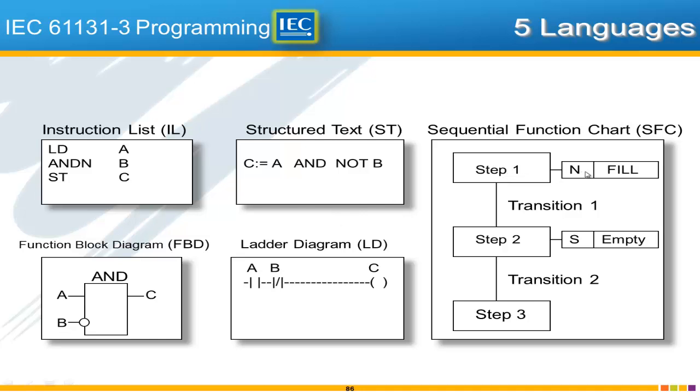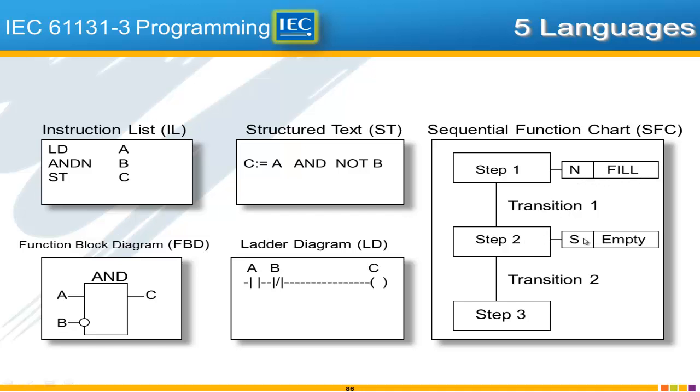Sequential function chart, rather than doing this low-level calculation, is more of a sequencing, as you can imagine by the name, a sequencing according to 3 major parts of the sequential function chart language, which is the step, the action, and the transition.